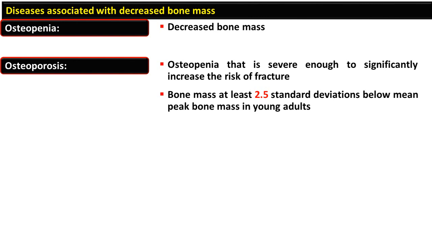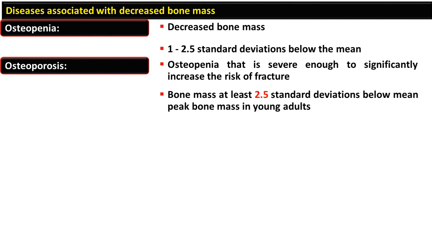The extent of bone loss is very important, because in osteopenia the decrease in bone mass is only between 1 and 2.5 standard deviations from that of normal, and in osteoporosis this bone loss is significant, at least 2.5 standard deviations below the mean for a young adult.